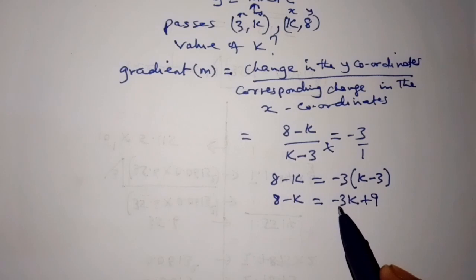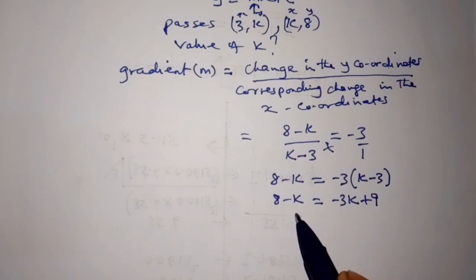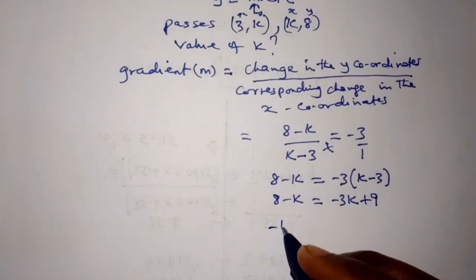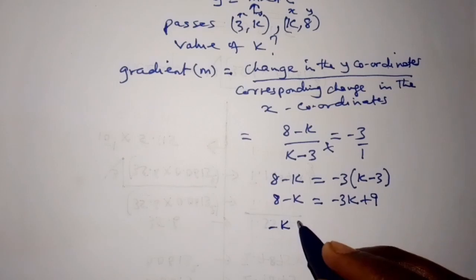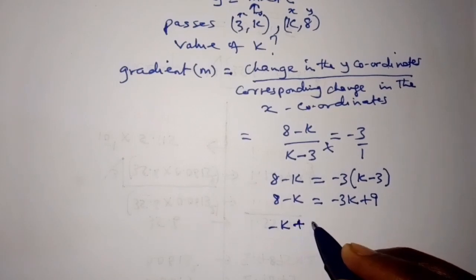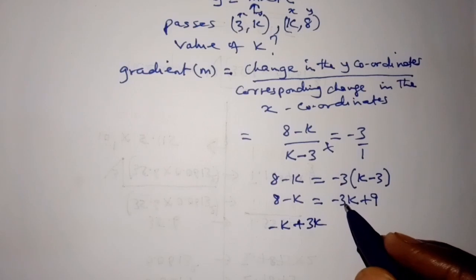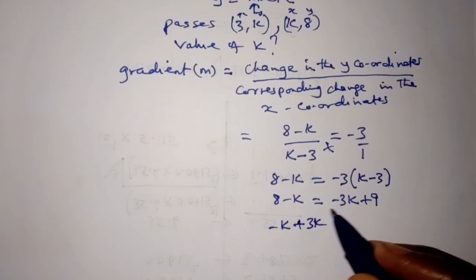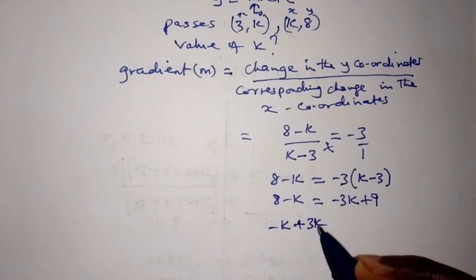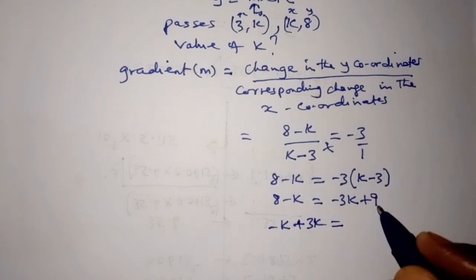We can bring this negative k to the other side; negative k becomes positive k, plus 3k is equal to 9.